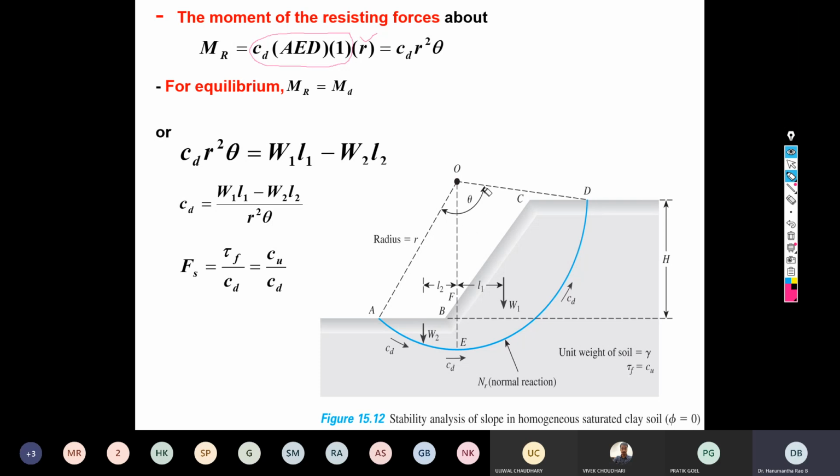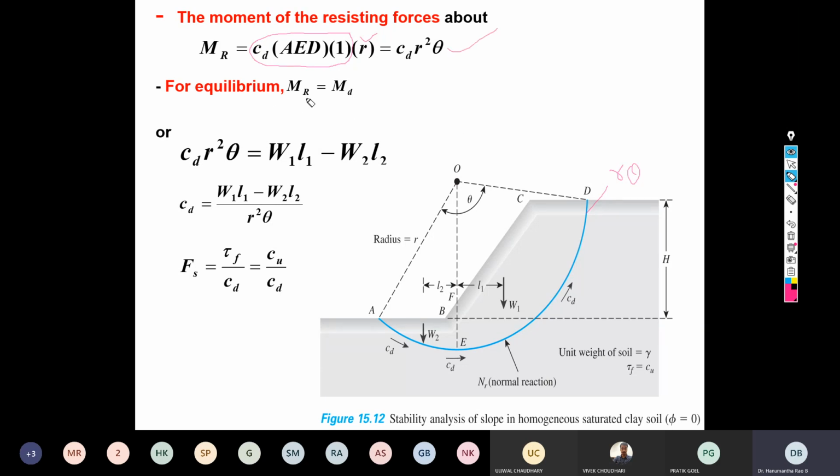If I assume this angle is theta, the arc length is R theta. Please correct me if I am saying something wrong. So R theta multiplied by CD into R, this will become CD R square theta. So this is the resisting moment.